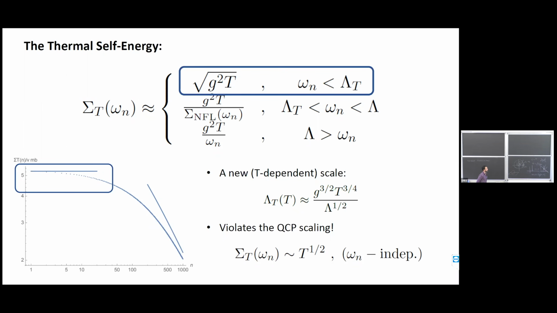For higher frequencies, it always loses. The end of this window in which this can be approximated by a constant is given by this scale lambda_T, which is the promised new temperature-dependent scale. So if we find that at some point this sigma_T with this constant approximation dominates, we will have an explicit violation of the critical point scaling, because it now goes with T^1.